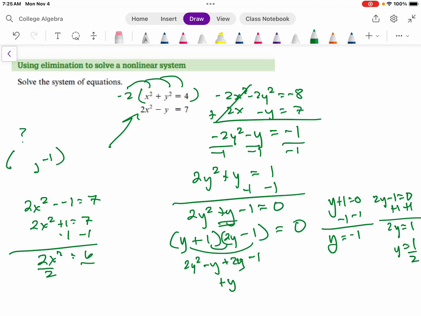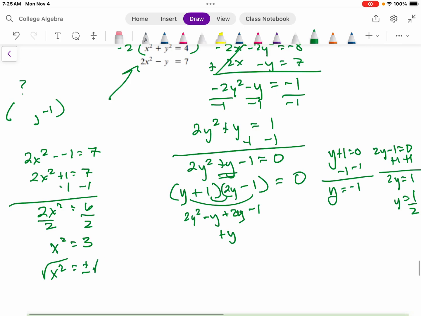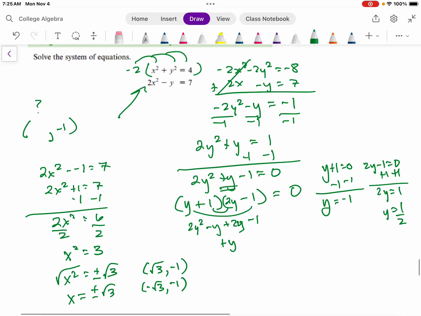Divide by 2, and x squared is equal to 3. When I take the square root of it, I get 2 answers: x is equal to plus or minus square root of 3. So that means I have 2 ordered pairs with negative 1 as the y part: square root of 3, comma, negative 1, and negative square root of 3, comma, negative 1.